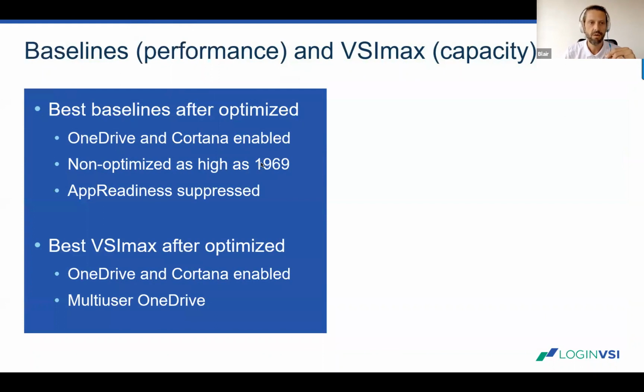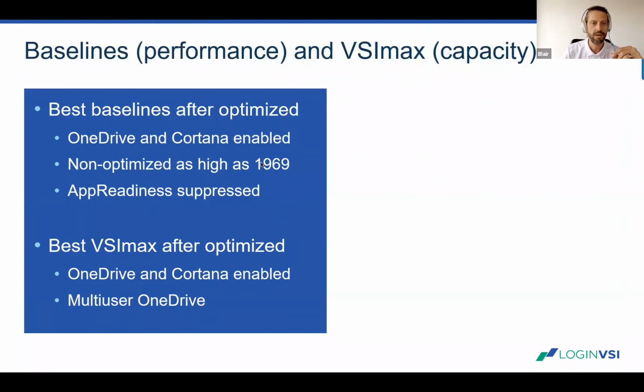Now, from a baseline perspective, we did see that we got the best baselines after we optimized the image. I did leave OneDrive and Cortana enabled. These are essential now to Windows 10 Enterprise Multi-Session, and we don't want to disable those. There are some other critical services too that as an enterprise I would leave enabled.